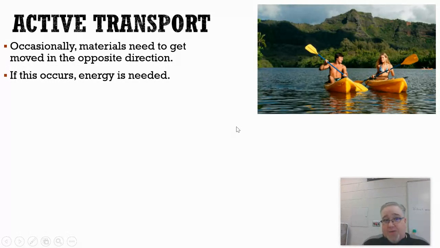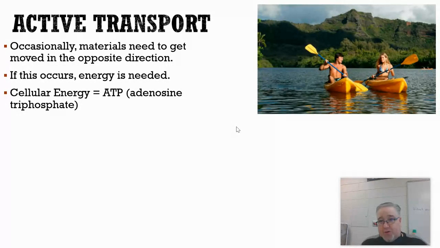That's what active transport is. Active transport is going from low concentration to high concentration, and that's going against the natural flow, right? So if cells are going to force things to move from low to high concentration, they have to exert energy. And as a reminder, we talked about this in the last unit, or in the last topic.